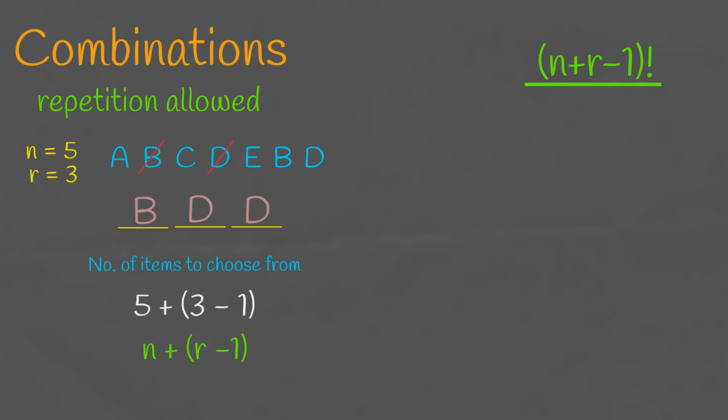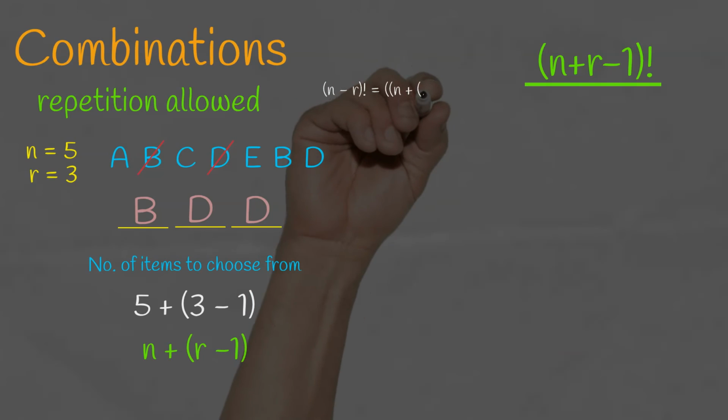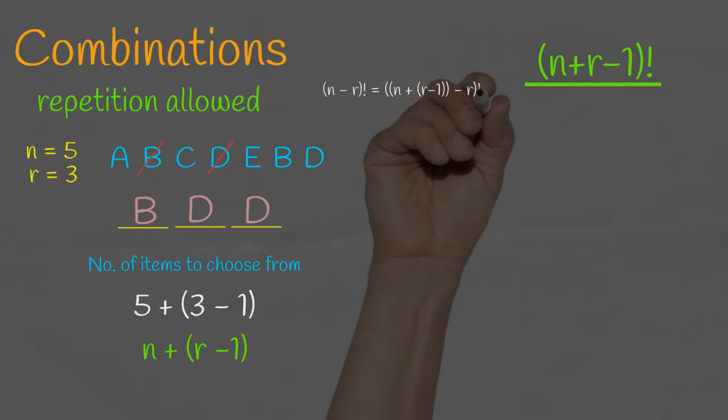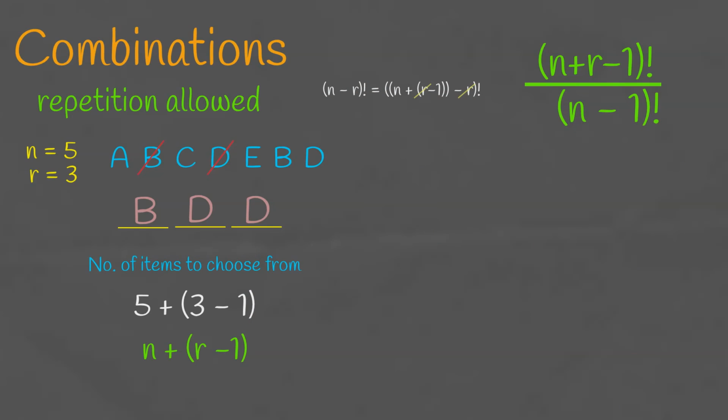And instead of n take r factorial on the bottom, we have n plus r take 1 take r factorial on the bottom. And the r's cancel out, so we just get n take 1 factorial on the bottom. And also don't forget, we still need the r factorial on the bottom because it's a combination and it doesn't matter in which order the letters are.